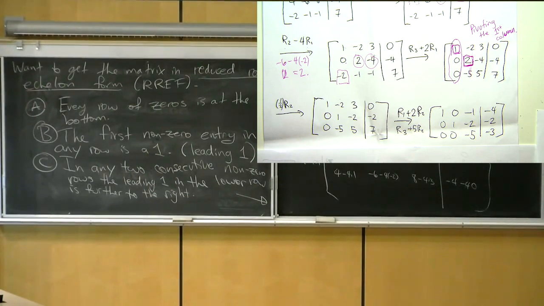And simultaneously, I'm taking row 3 and adding 5 row 2s to it. Okay. And now I've pivoted my second column. It now looks really nice, just 1, 1, and the rest are zeros, right?